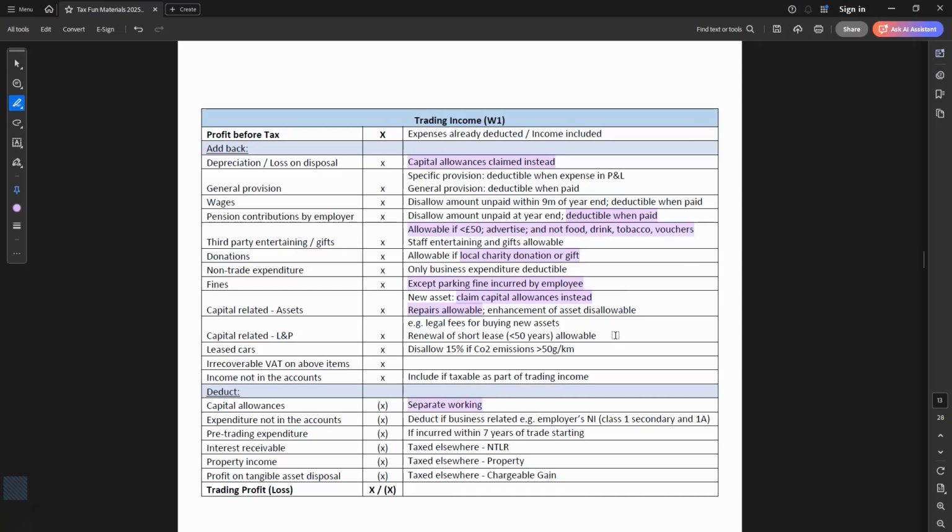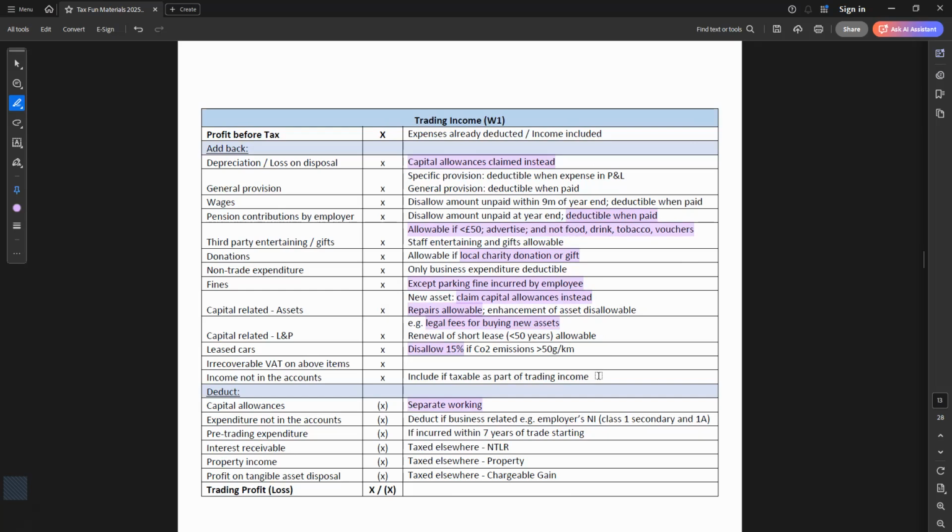For legal and professional fees, capital-related legal and professional fees are disallowable, for example, the legal fees for buying new assets, and the renewal of short leases where the lease is less than 50 years are specifically allowable. For lease cars, if the CO2 emissions are above 50, you must disallow 15% of the cost, and you need to add back any irrecoverable VAT on any of these above non-deductible items.